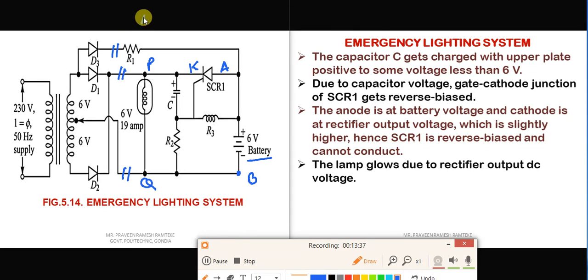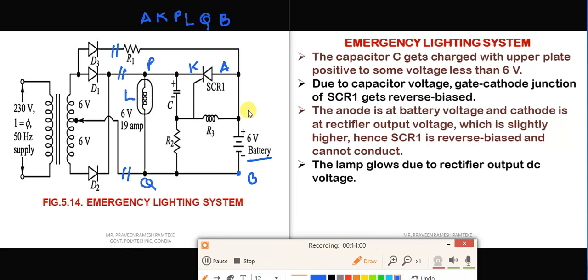Say we will start with A, K, P. Let us name the lamp L, then Q, then B. Now this is our closed path. So during the mains failure, the battery has a potential of 6 volts.